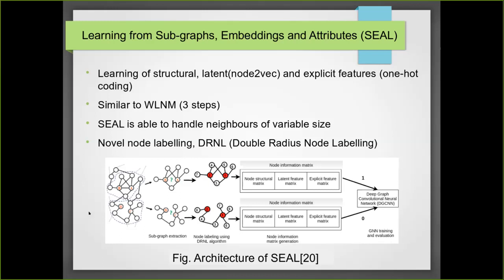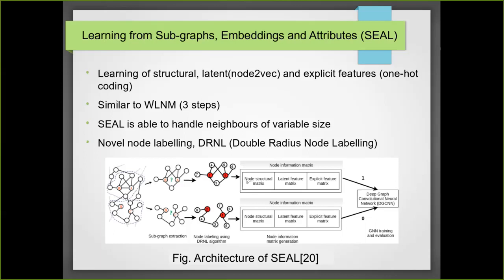First of all, it extracts the neighborhoods, and then it labels the nodes in the subgraph, and then uses these neighborhoods for generating the adjacency matrix, just like the WL algorithm.